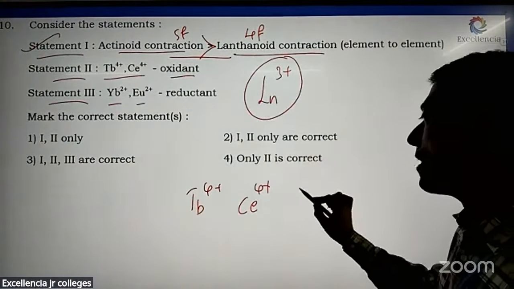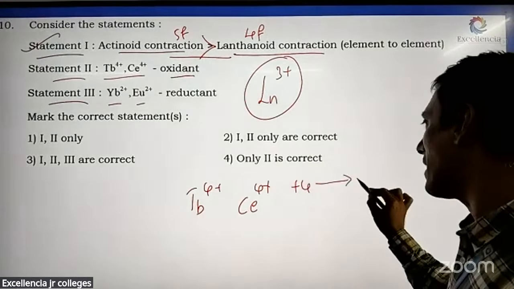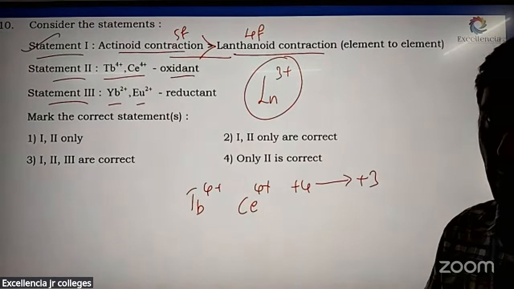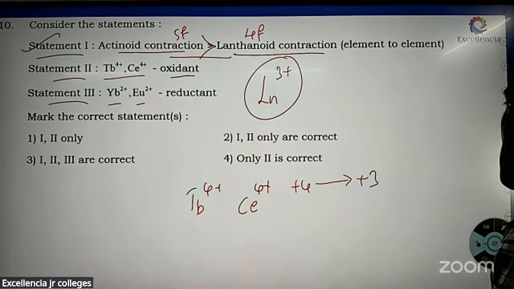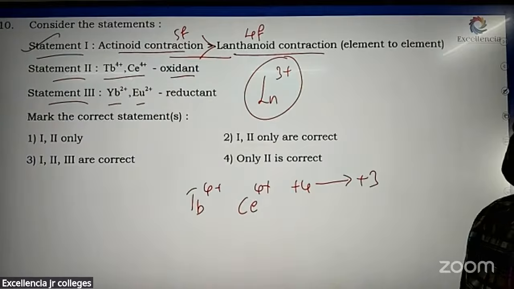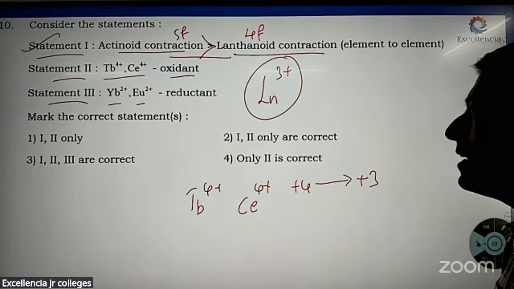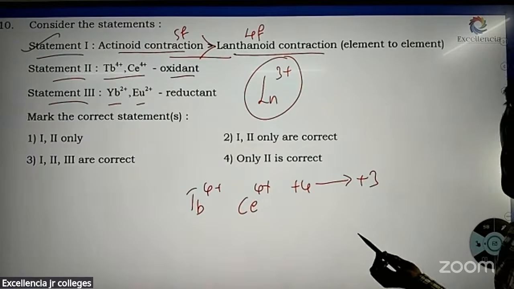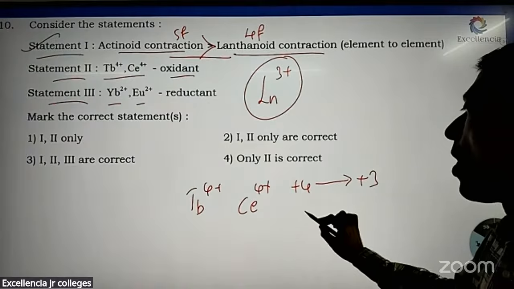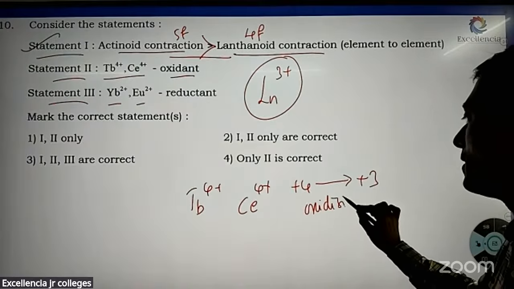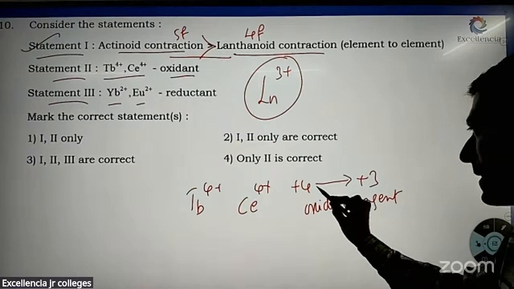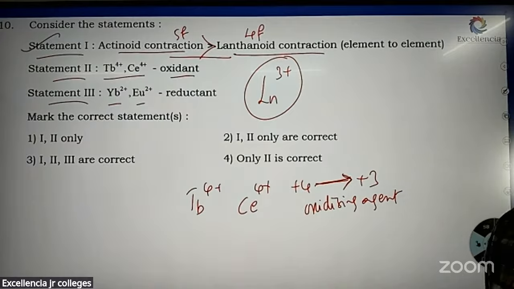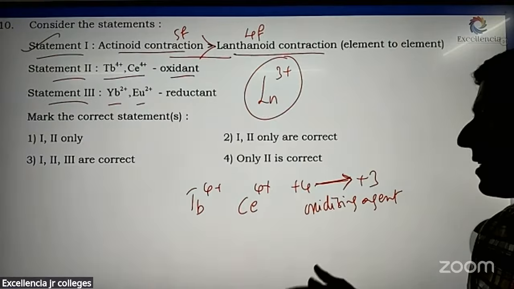So as I said, lanthanides are stable in the plus 3 state. What they do now, from plus 4 state, they try to get converted to plus 3 state. So from plus 4, if an element is trying to get converted to plus 3, it is undergoing reduction. When it is undergoing reduction, it acts as what?